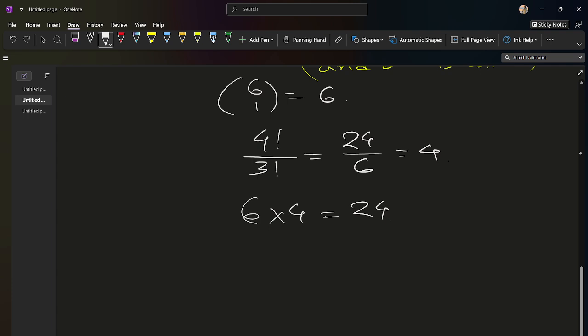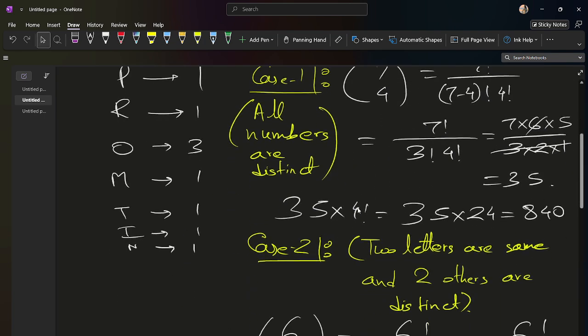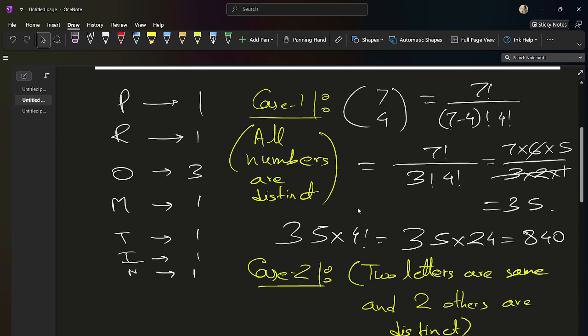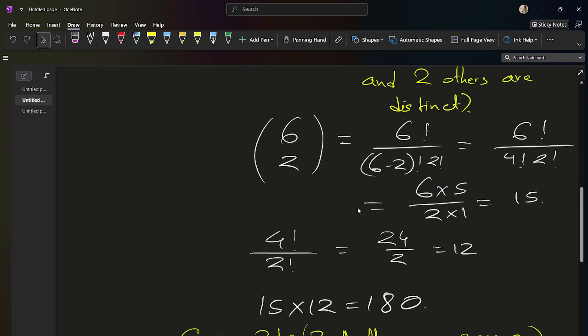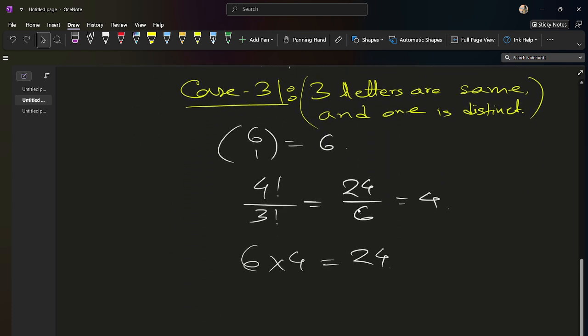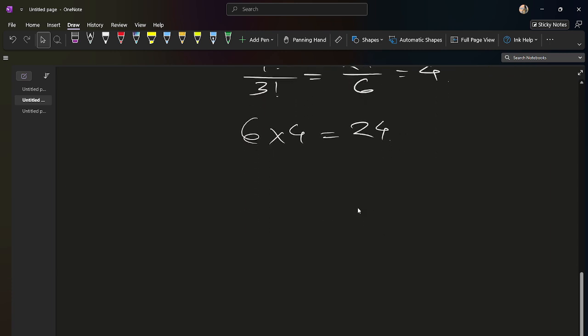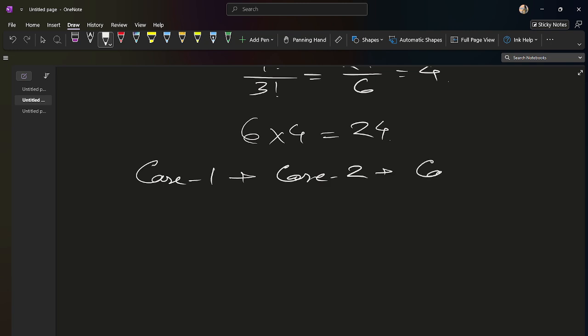So what we got? We have to add up all the cases. For case 1 we got total 840 arrangements, for case 2 we got 180 arrangements, and for case 3 we got 24 arrangements. So the total number of arrangements will be case 1 plus case 2 plus case 3, that is 840 plus 180 plus 24.